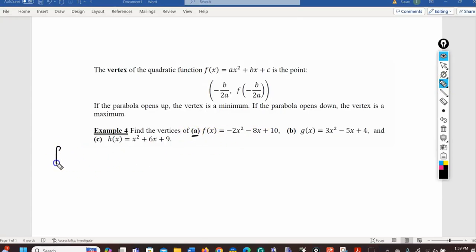So for that, we have A is equal to -2, B is equal to -8, and C is equal to 10. Let's get the x coordinate.